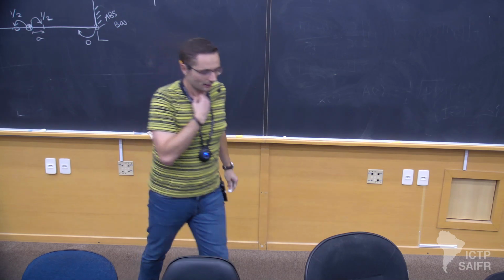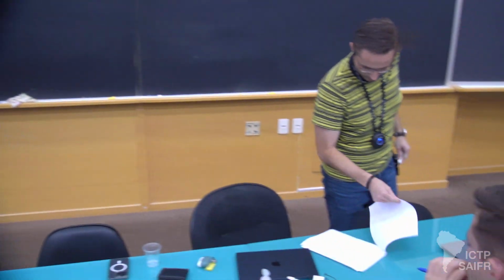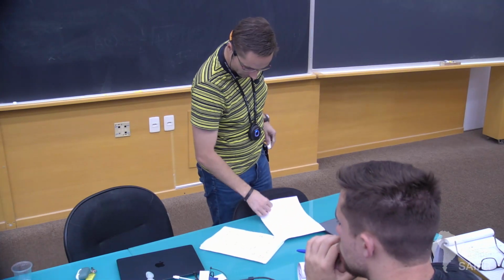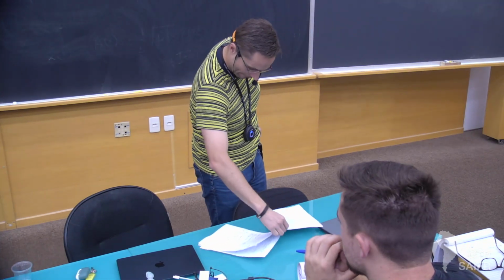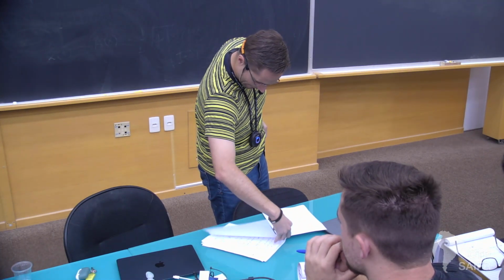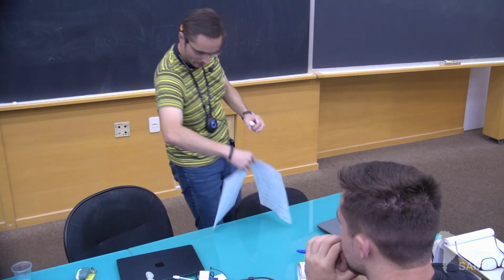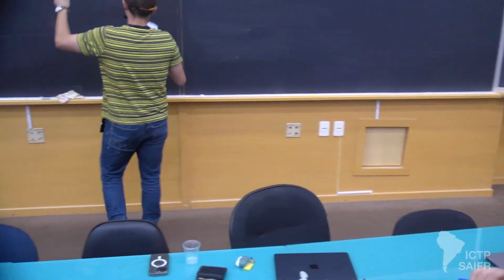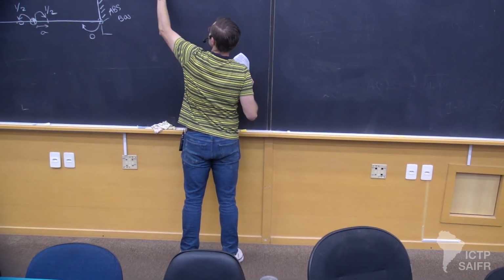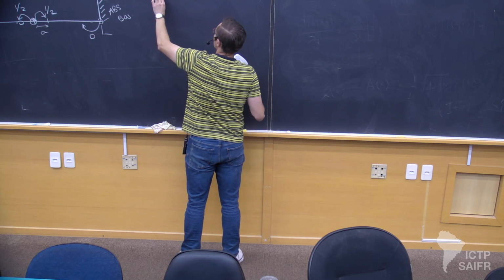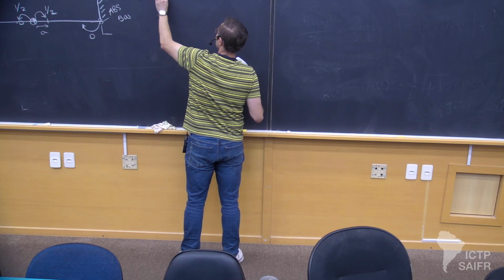Let me keep notation like always. What is the probability that I hit 0 starting from the node I?